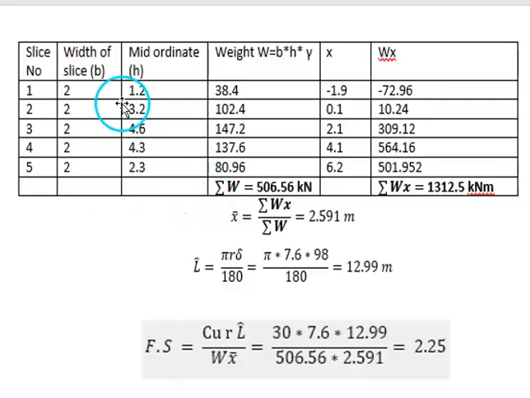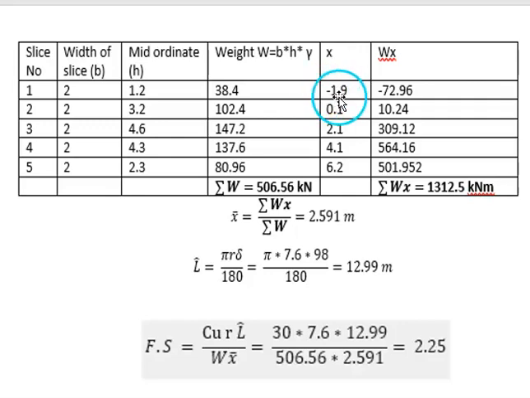So here we have to write the width of slice, then the mid-ordinate, which is nothing but the height of the center line, then the weight of slice equal to width into mid-ordinate into unit weight of soil. We are taking the unit thickness here. Then the X value, that is the center of that particular slice with respect to point O, the horizontal distance between point O and the center of that particular slice.